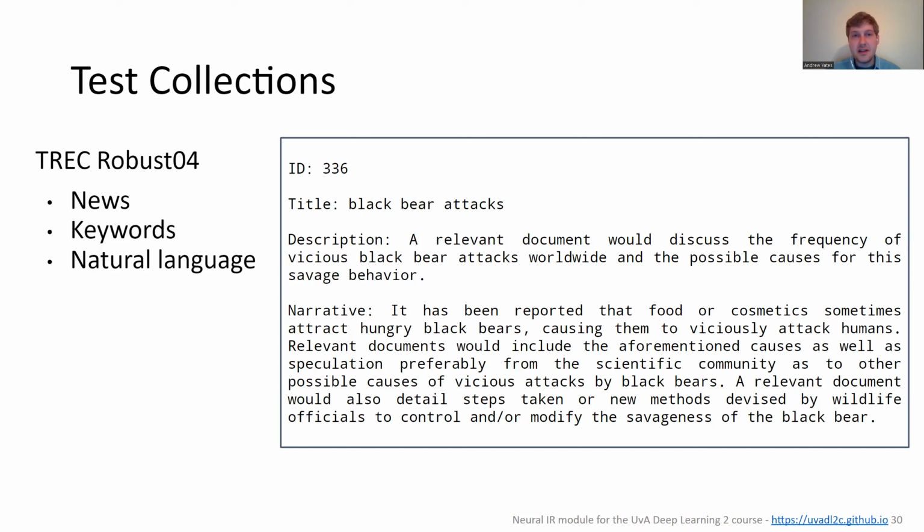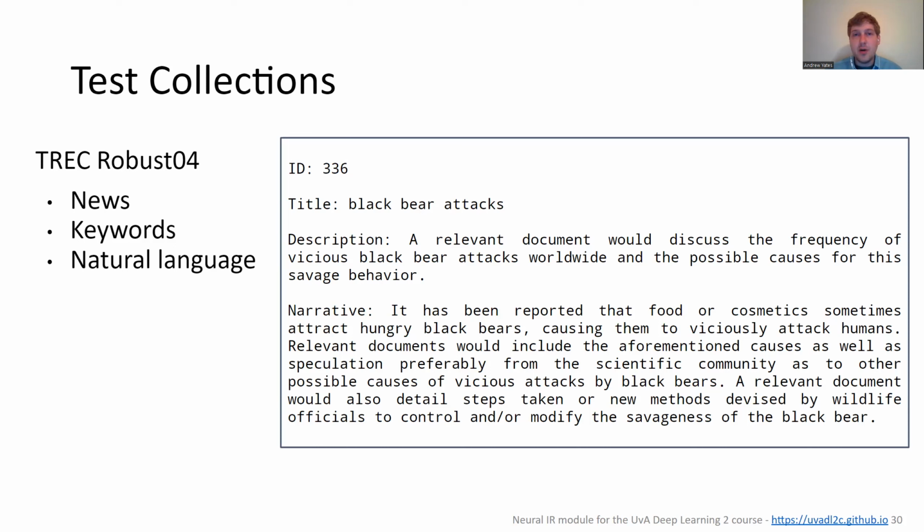And then this process essentially helps identify what documents should be judged for relevance. So it stands for Text Retrieval Conference. So Robust04 is one test collection from this Text Retrieval Conference. It's a commonly used test collection, partly because it's fairly old, but also partly because it's very thoroughly judged.